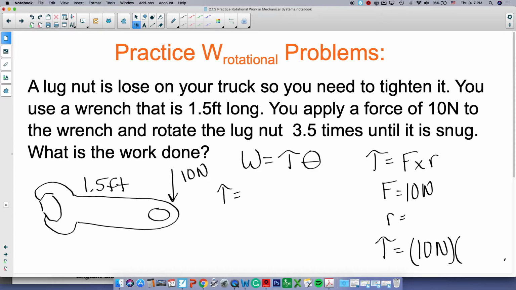There are 3.28 feet in a meter, so 1.5 feet divided by 3.28 is going to change our problem quite a bit. That's 0.46 meters. Sorry about that, people that were questioning it. So that'll give me 4.6 Newton meters.